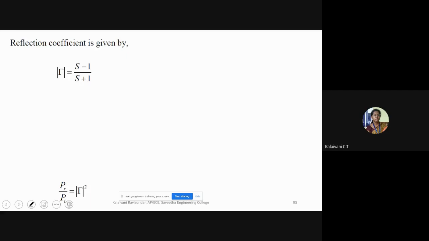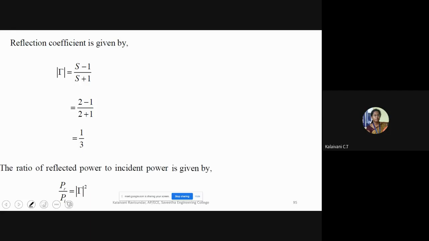The reflection coefficient is equal to (S minus 1) by (S plus 1). So the modulus of the reflection coefficient is (S minus 1) by (S plus 1). In our question, VSWR is equal to 2. So 2 minus 1 divided by 2 plus 1 is equal to 1 by 3, which is 0.33.